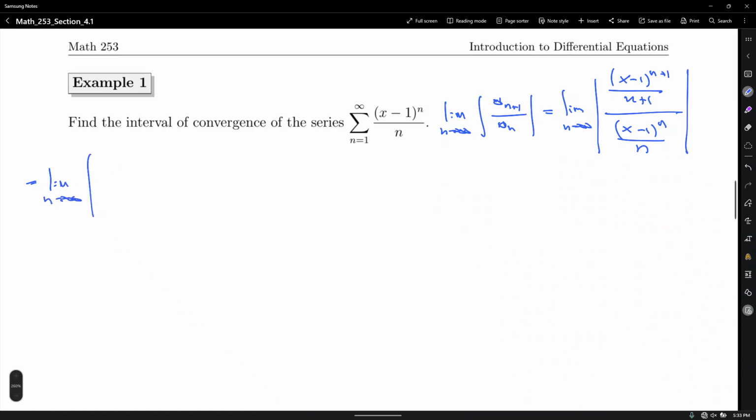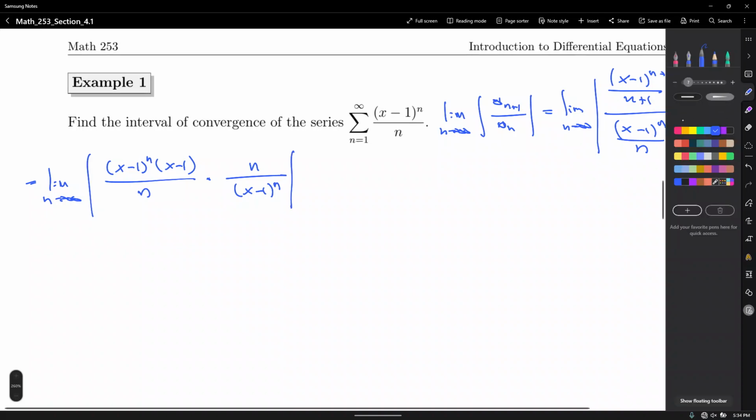I'm going to write this (x minus 1) to the n plus 1 as (x minus 1) to the n times (x minus 1), all I'm doing is using laws of exponents, everything divided by n plus 1, and I'm going to multiply by the reciprocal of this, which is n over (x minus 1) to the n. I'm doing this so I can simplify this quickly.